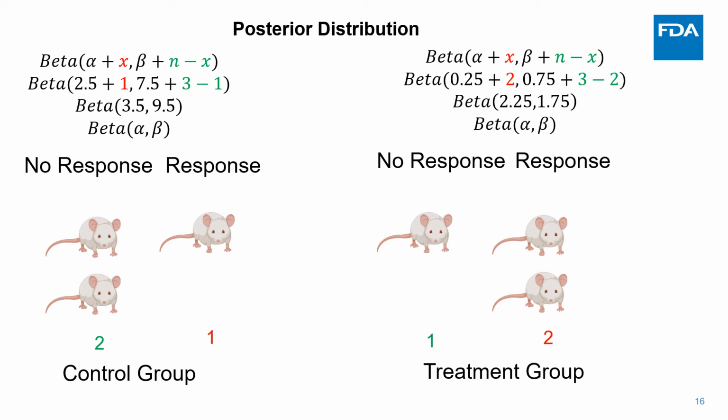So beta 3.5 and 9.5. In the treatment group, beta 0.25 plus the number of animals that responded, 2, and 0.75 plus 1, the number of animals that did not respond. So total number of animals minus number of animals that responded equals number of animals that did not respond, 1.